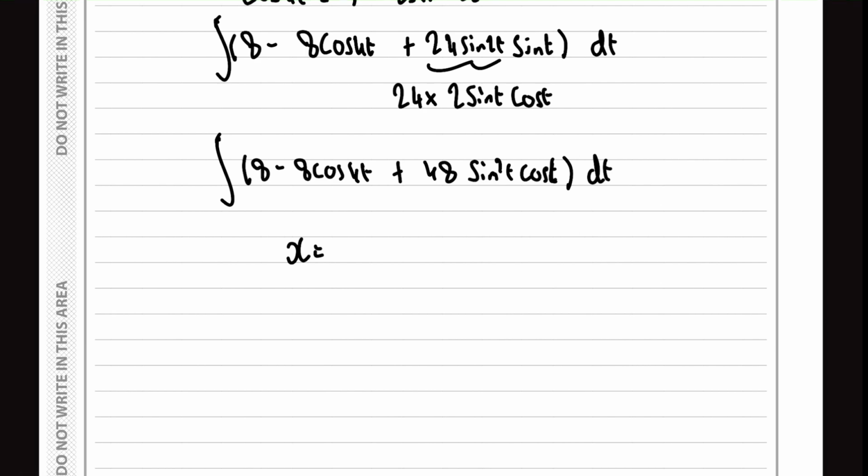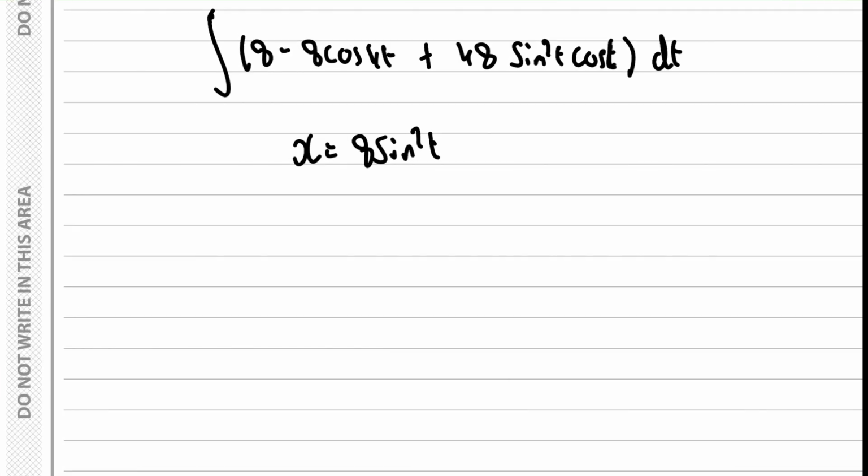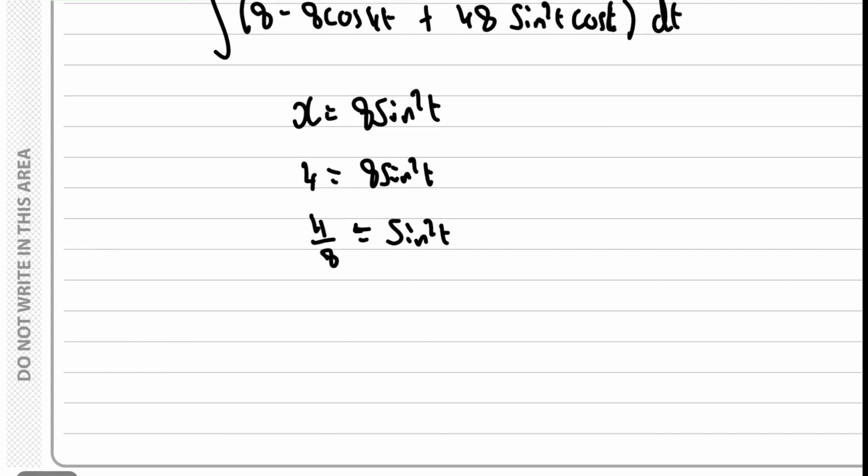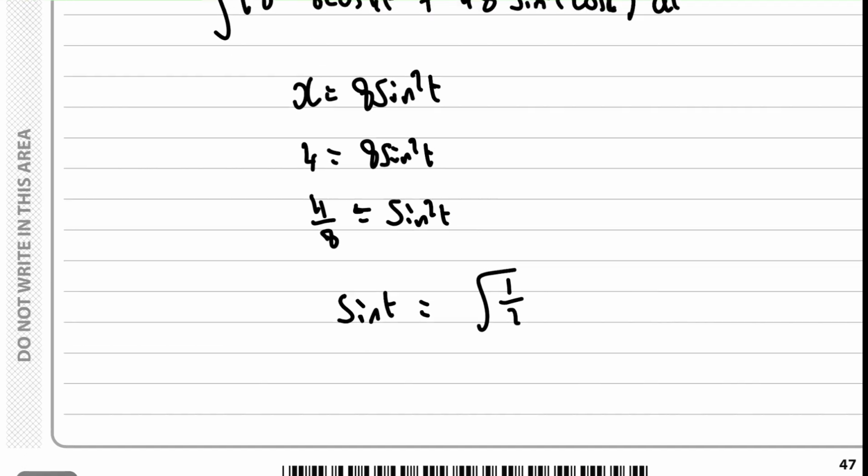So 4 equals 8 sine squared t. So 4 over 8 equals sine squared t. So sine of t is equal to root 1 over 2. So t equals arc sine of root 1 over 2, which is 1 over 4 pi.